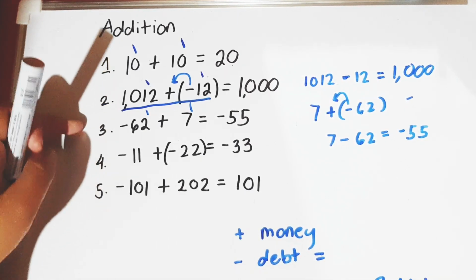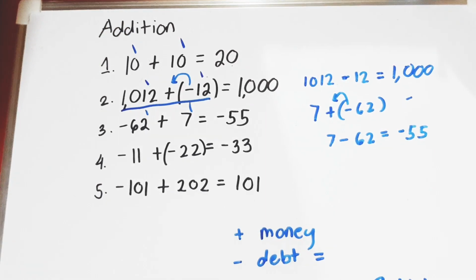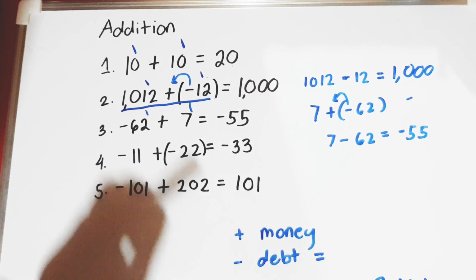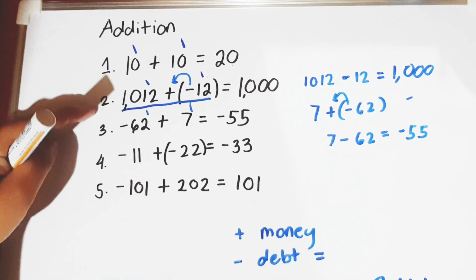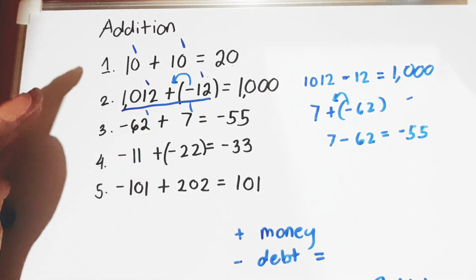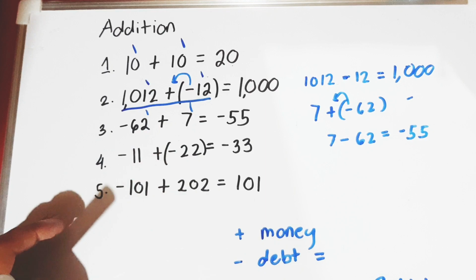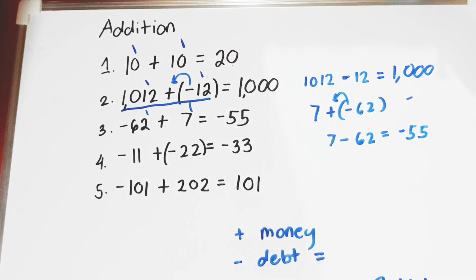But in number 3 and number 2, it's not the same. In number 2, in the example, 1012, let's say it's your money, and you add your debt, which is 12, so it will automatically be subtracted, and your money will become 1000.